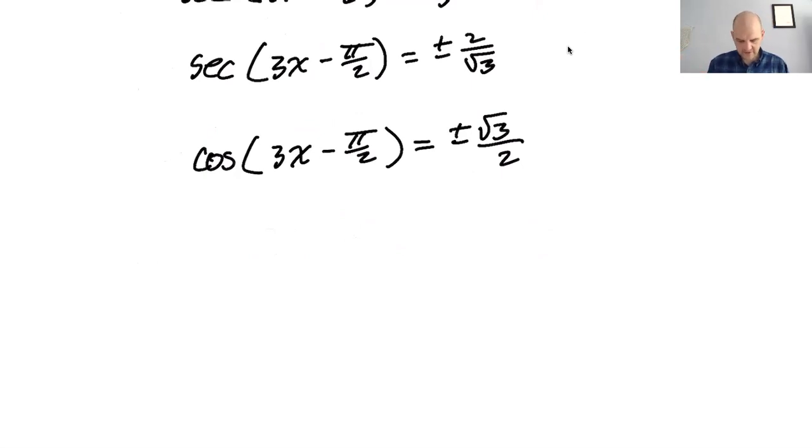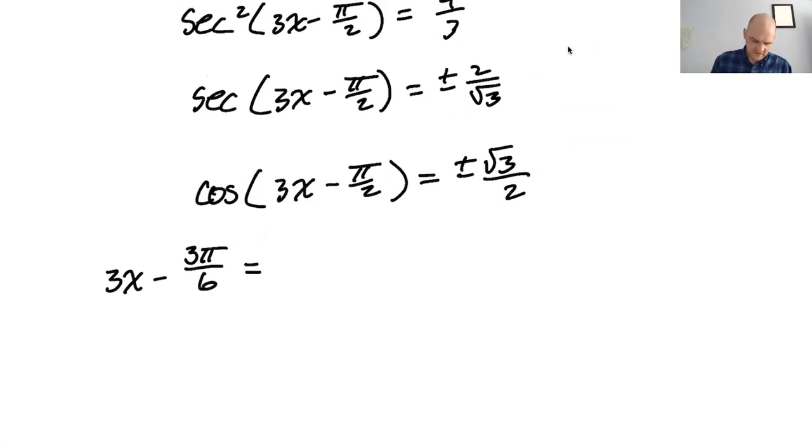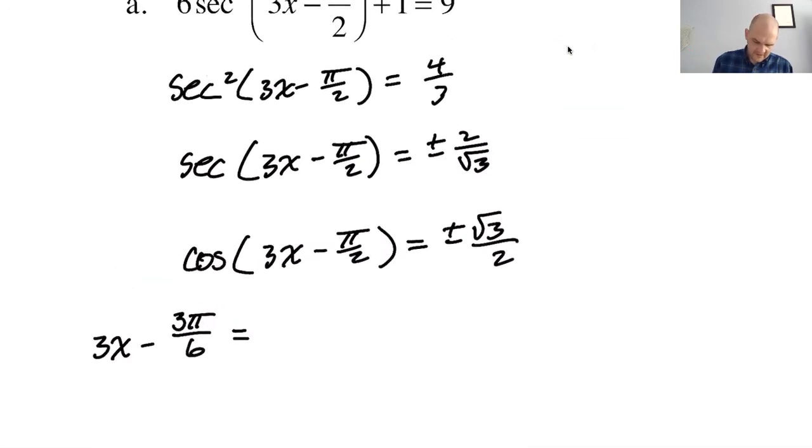I know it's a pi over 6, so I know that, let's see what we can do. 3x minus 3 pi over 6. I'm doing that because I know the answers are pi over 6s, so it's already kind of a common denominator type thing, equals, should I do the slick thing maybe? So what's the slick thing?